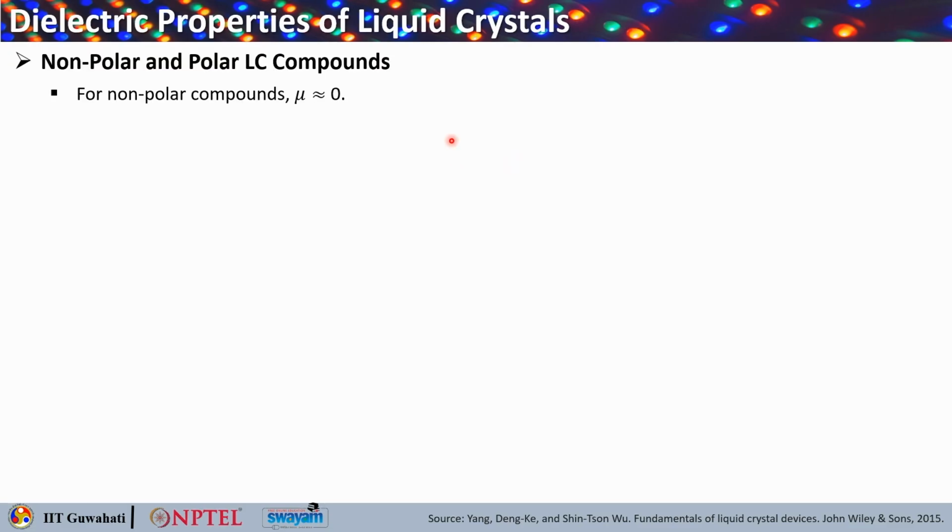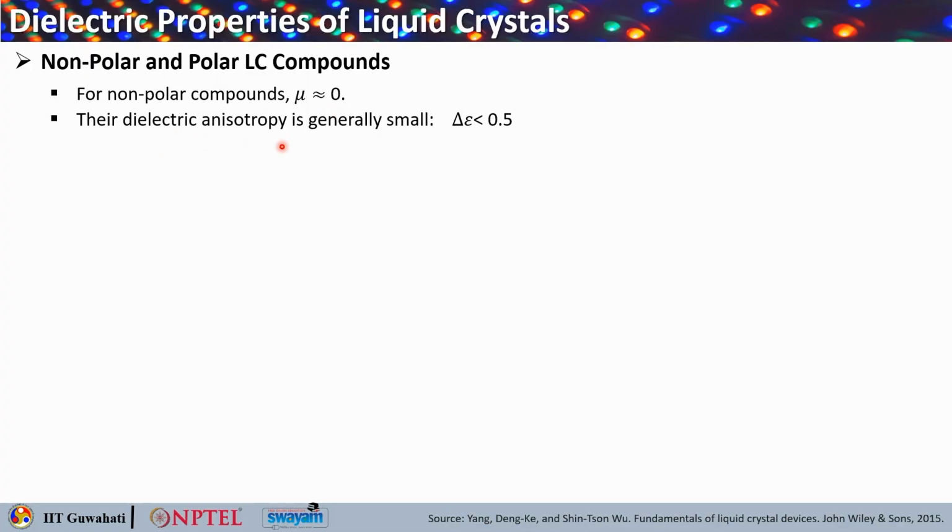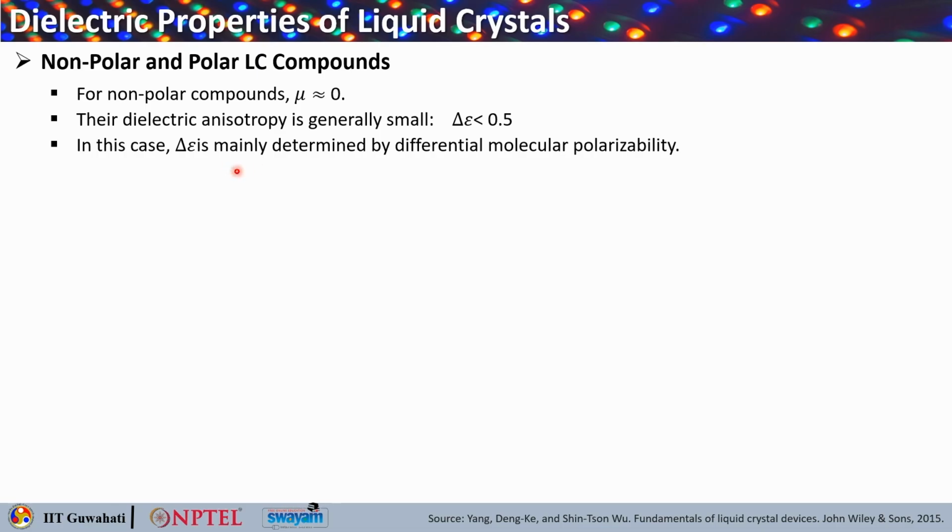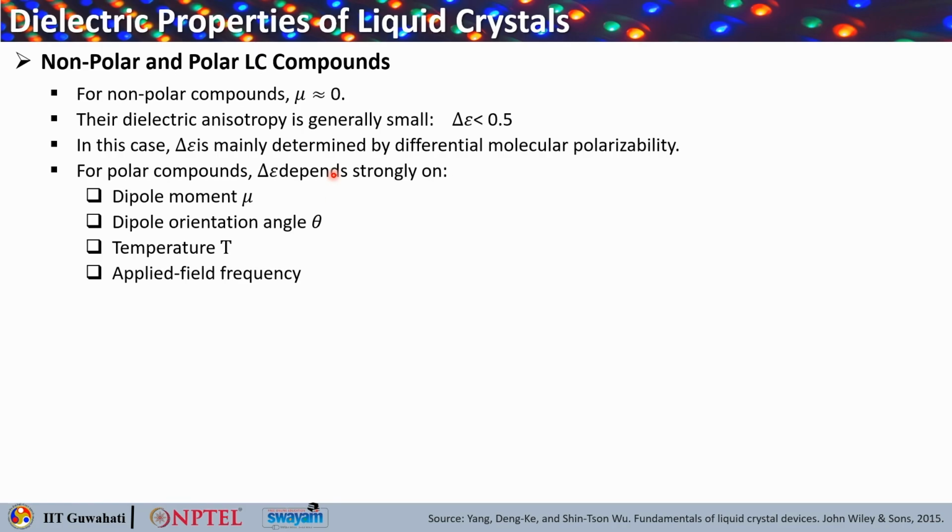Now, liquid crystal molecules can be non-polar or polar. For non-polar components, mu equals 0 and their dielectric anisotropy is generally very small. Delta epsilon is typically less than 0.5, and in this case it is mainly determined by the differential molecular polarizability, that is alpha parallel and alpha perpendicular.